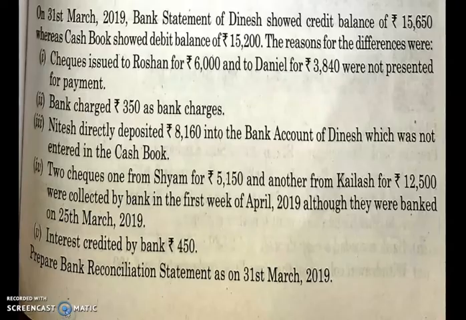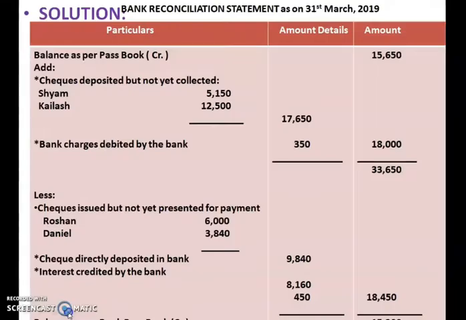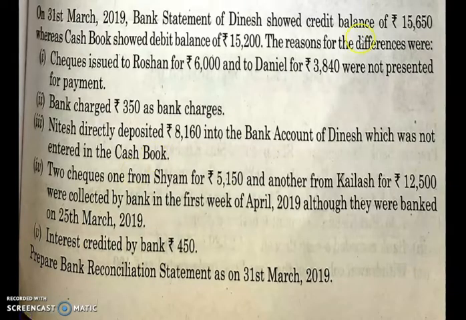Okay. So the same problem that we discussed as per cash book, we will do with the passbook. Here the starting point should be the balance as per passbook. Last case we did the balance as per cash book. Now let us start with the balance as per passbook. What is the balance as per passbook given to you?